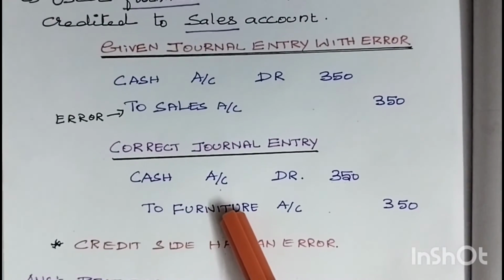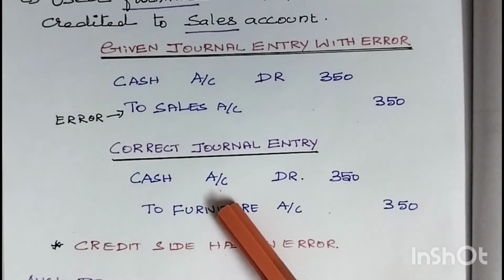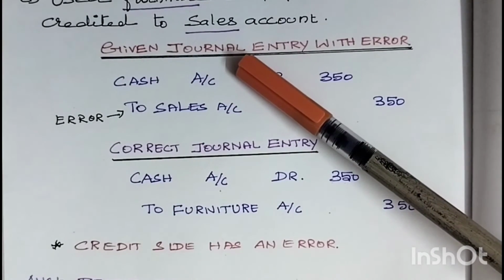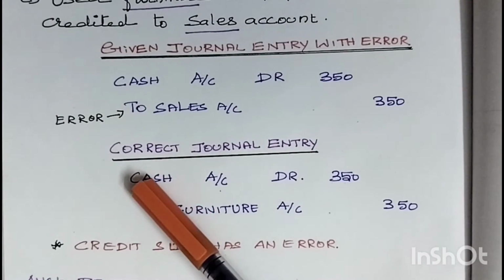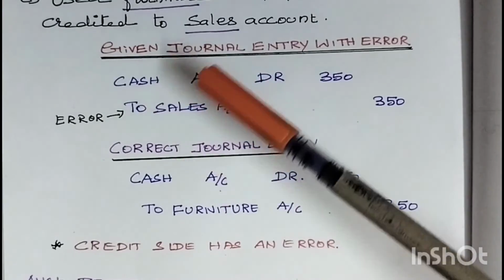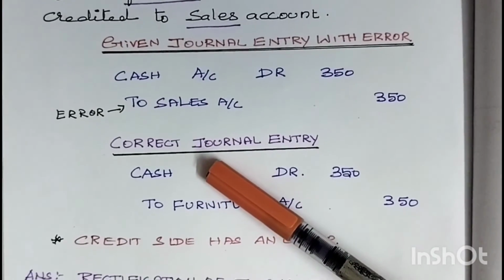So listen here, which side has the error? You have to compare the given erroneous journal entry and the correct journal entry we prepared. We compare both journal entries and find the error.